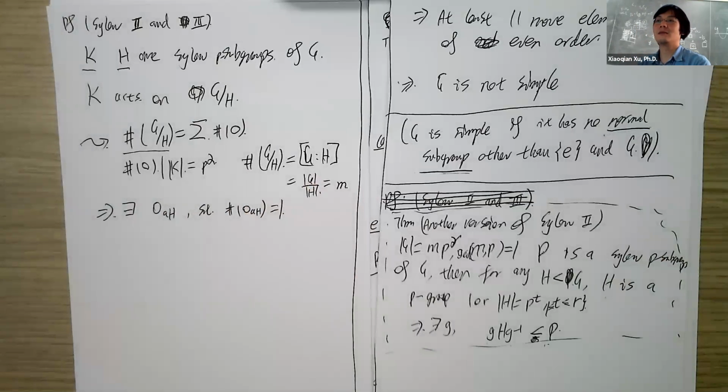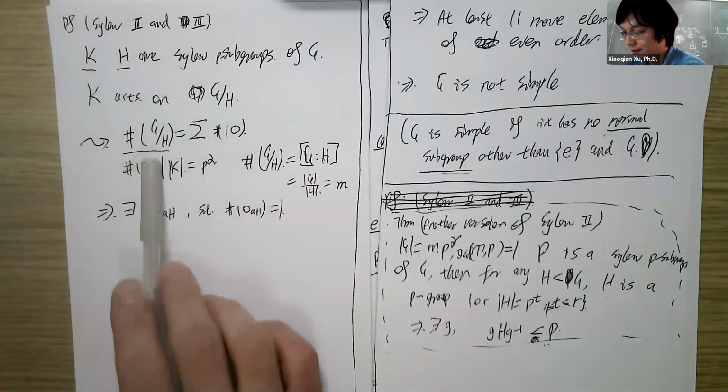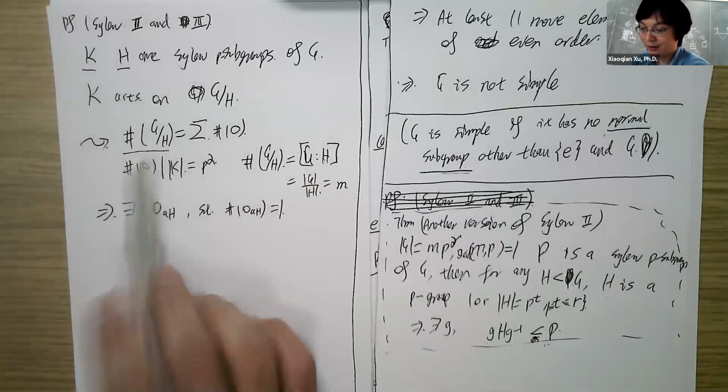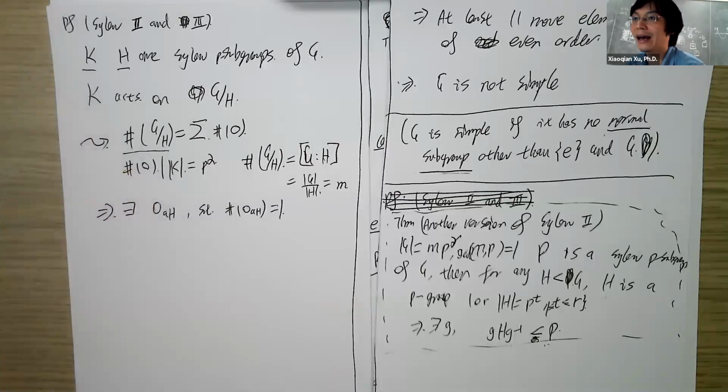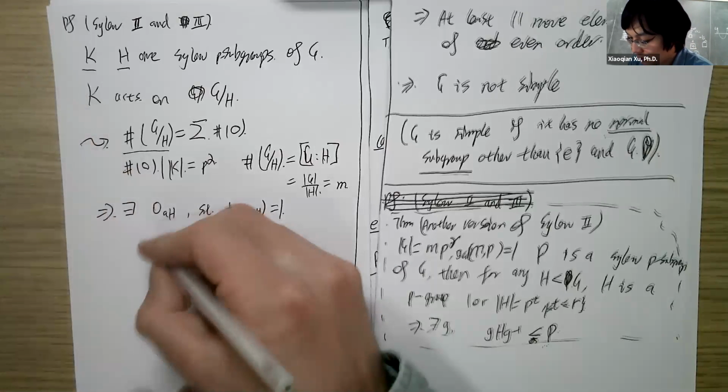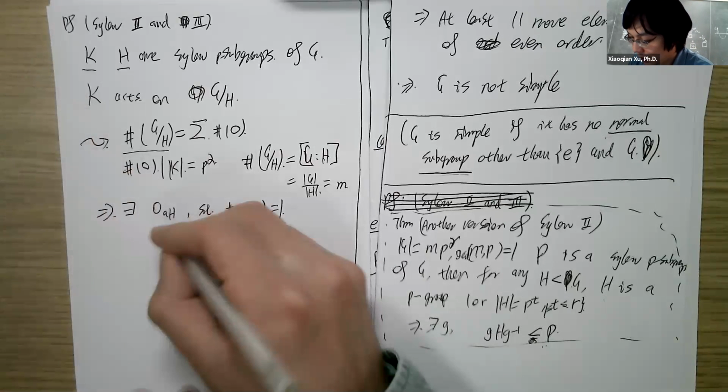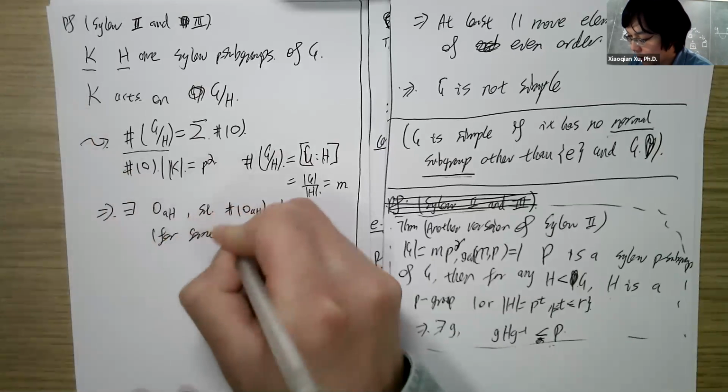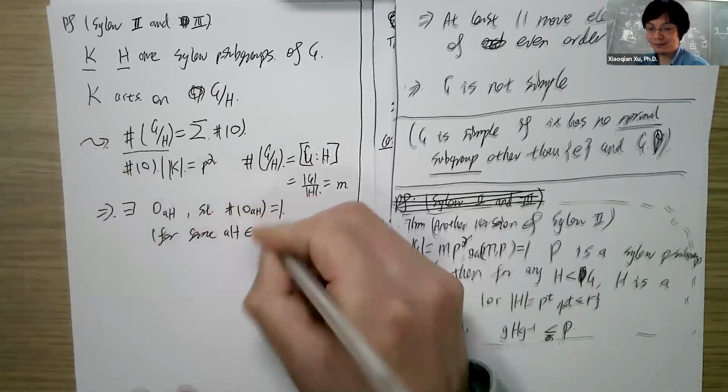It cannot be P to some other power, otherwise the left-hand side has no divisor P while the right-hand side has. So this is for some AH in G over H as a coset.